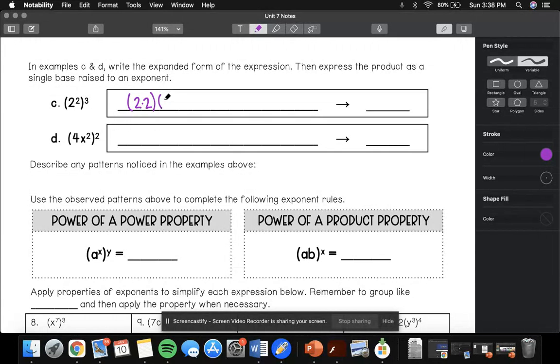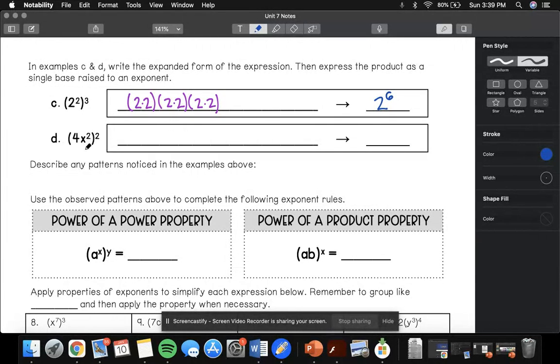So I'm going to write 2 to this times 2 again, or I could write 2 to the 2nd. That's the 2nd time, but I have a 3 right here, so I need to multiply by itself one more time. Okay. Again, this is just multiplying. My parentheses just mean multiplying, so I'm multiplying a base of 2 a total of 6 times. All right.